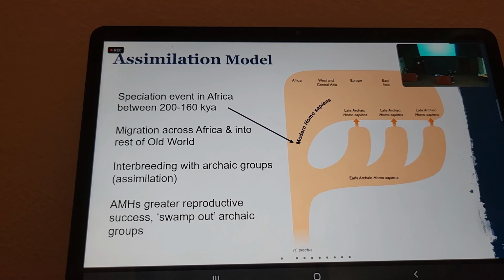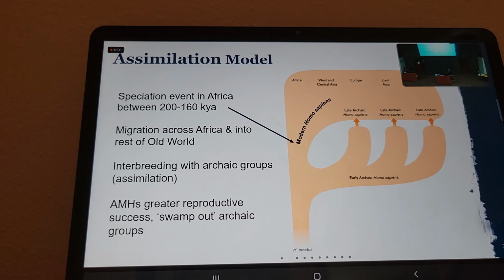And this is supported by the fact that there is Neanderthal DNA, Denisovan DNA, and as we'll also find out, other archaic group DNA in our DNA as moderns. So anatomically modern humans have greater reproductive success. Even though they interbreed with the archaic groups, they essentially swamp them out for the most part, which ends up looking like replacement in the fossil record.